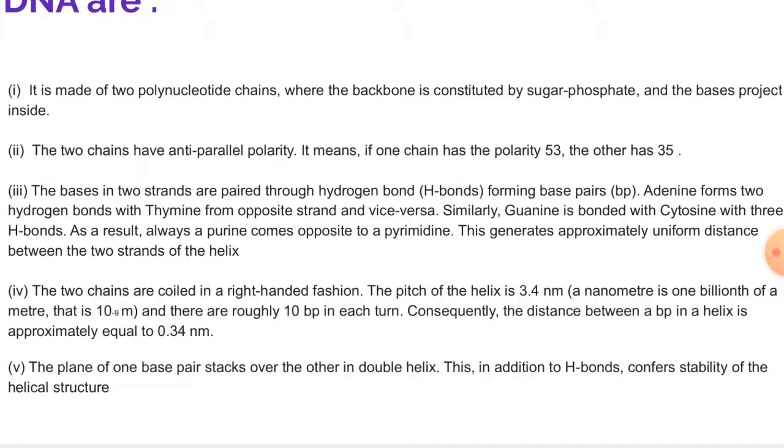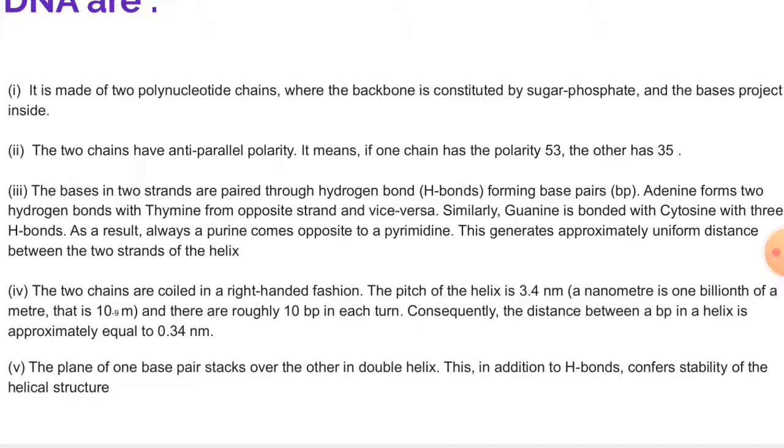Adenine forms two hydrogen bonds with thymine from the opposite strand and vice versa. Similarly, guanine is bonded with cytosine with 3 hydrogen bonds. This is whatever we have studied up till now. So a purine will always come opposite to a pyrimidine, and this generates approximately uniform distance between the two strands of the helix.